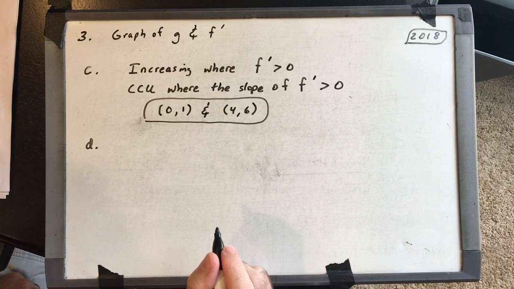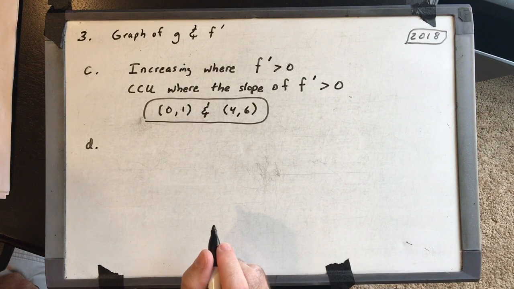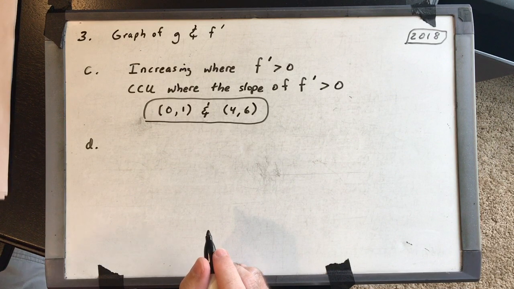Part D says, find the x-coordinate of each point of inflection of the graph of f and give a reason for your answer. Okay, so let's take a look at this.